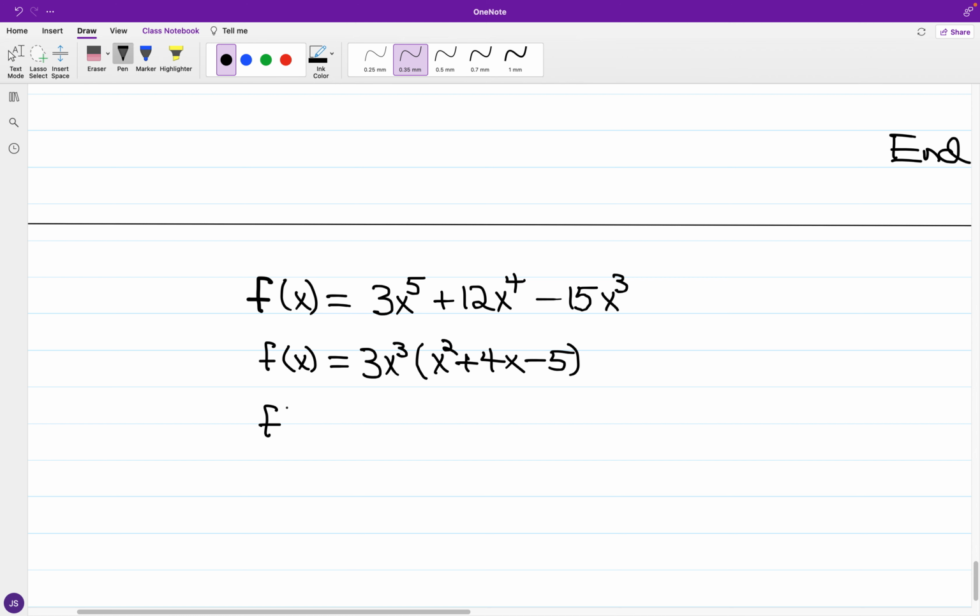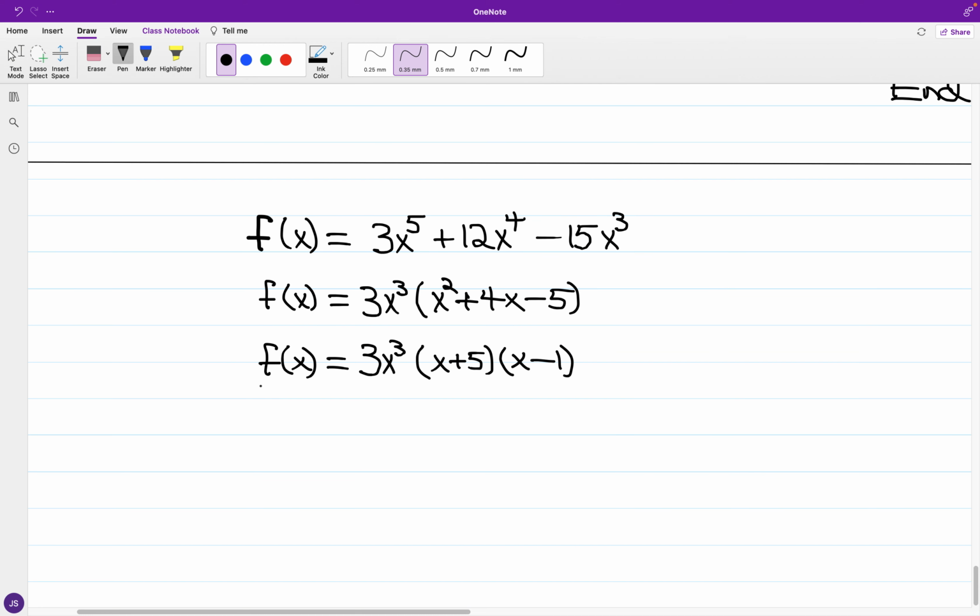And this trinomial I can factor. So x squared plus 4x minus 5 will factor to x plus 5 times x minus 1.